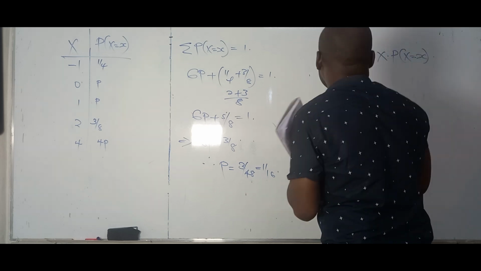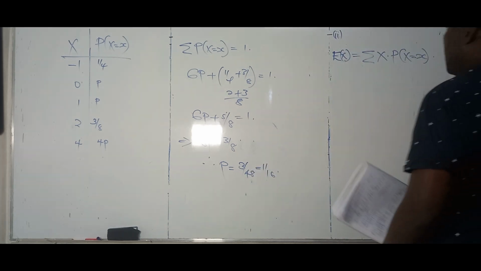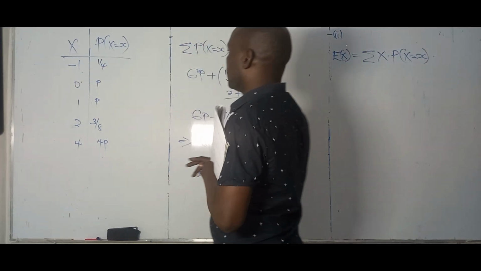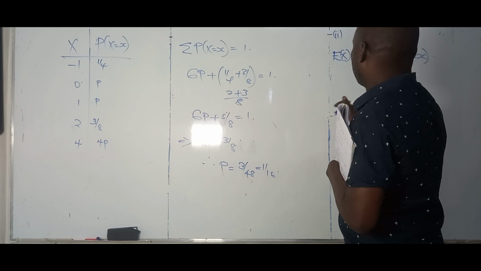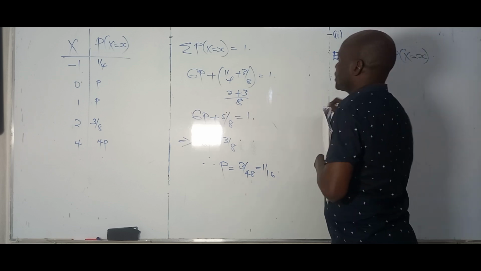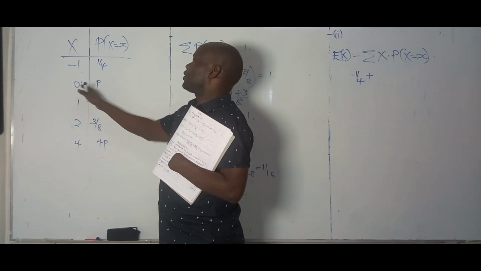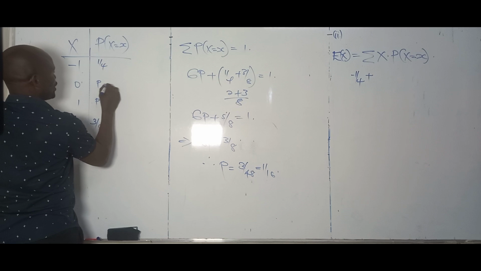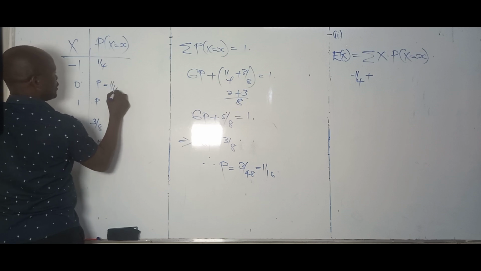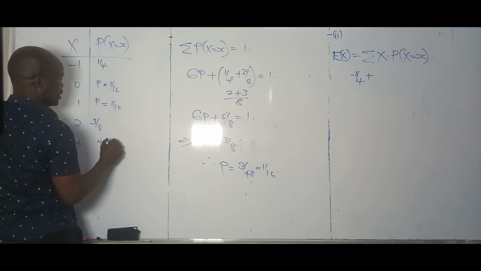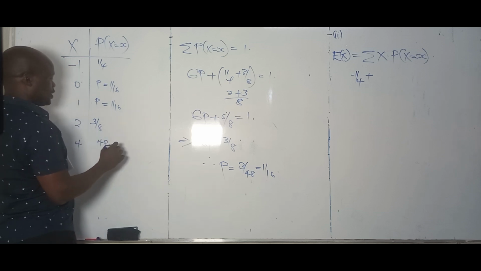I'll then multiply -1 by a quarter, and that gives me -1/4. Plus 0 times p. Of course, we already had p to be 1 over 16.